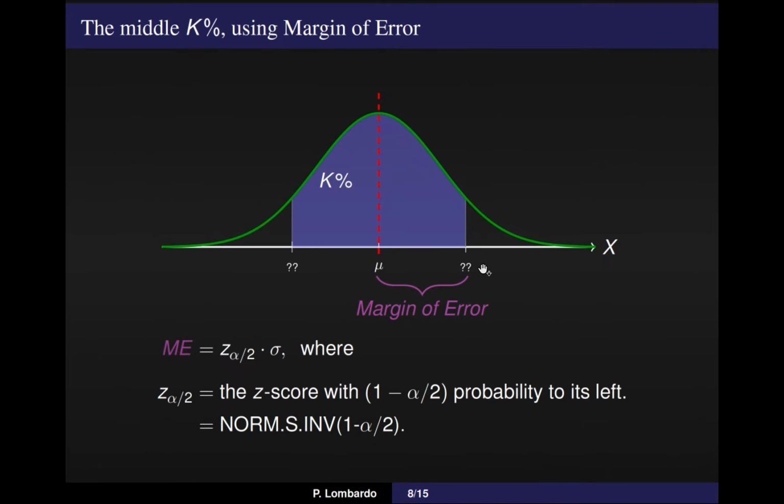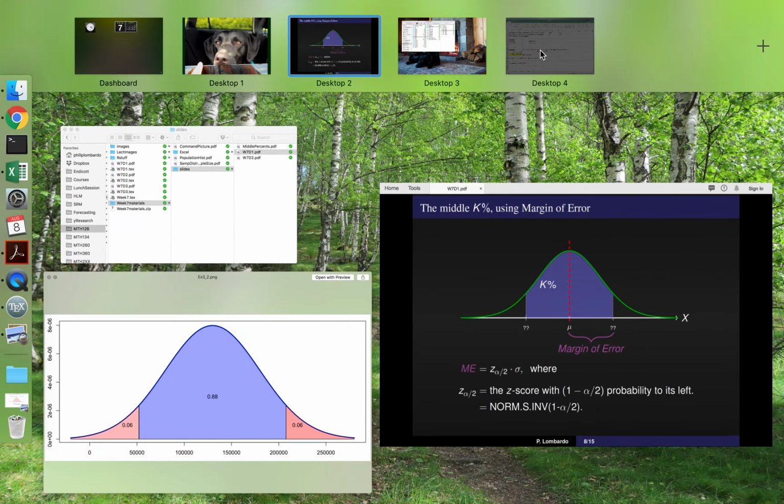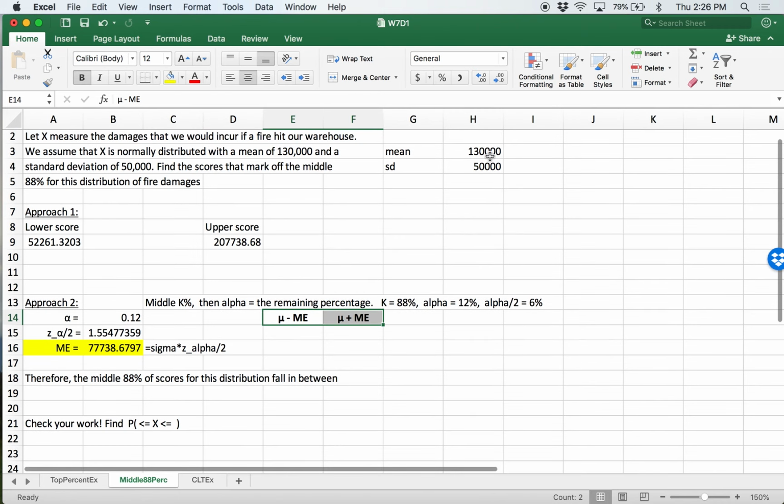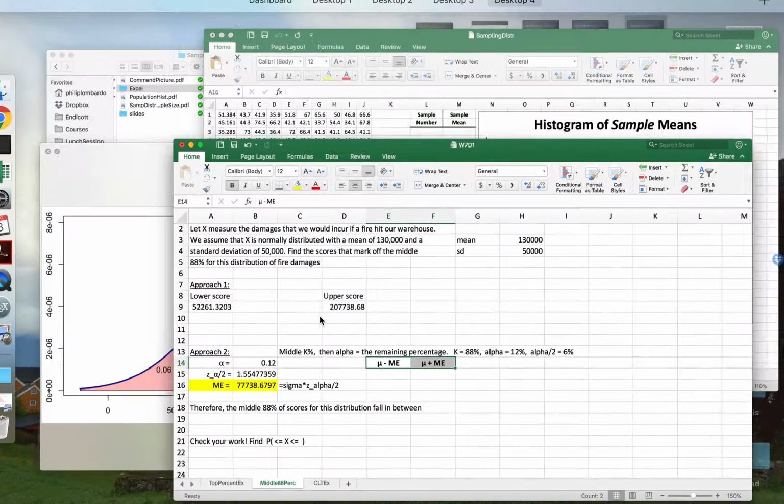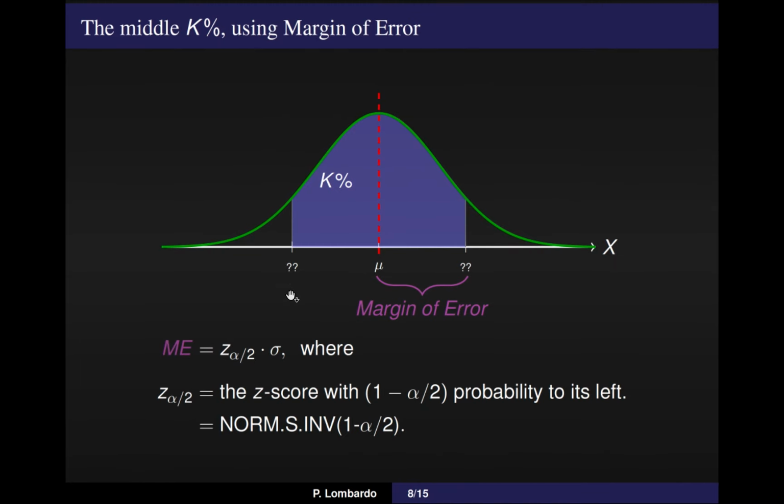Okay? And now based on that value, we can determine what the edge pieces are just by starting at our mean. Remember, our mean was 130,000. And then either adding or subtracting the margin of error to get to each side. So if we want the left-hand point, we take 130,000, subtract that margin of error we just computed.